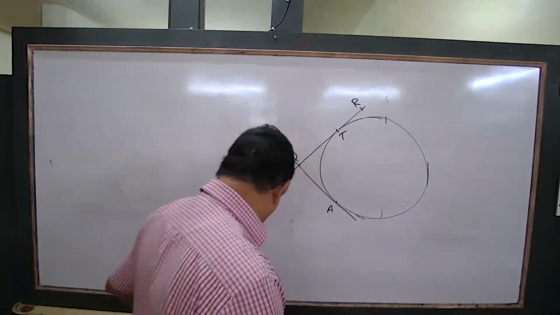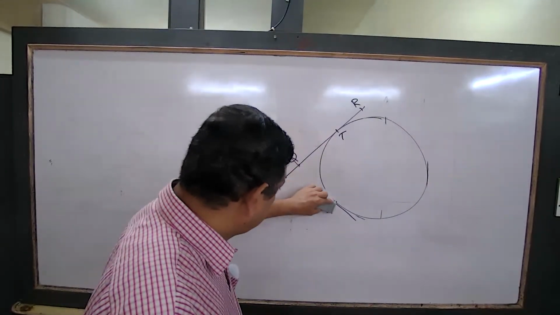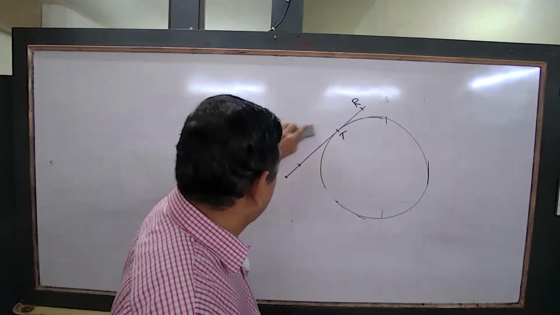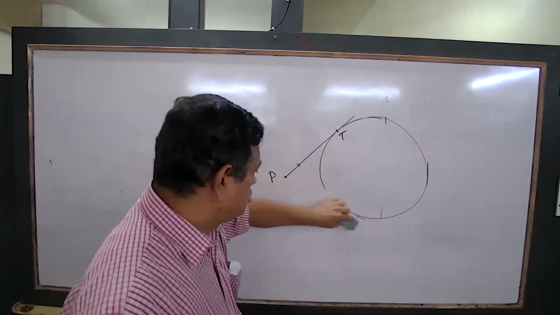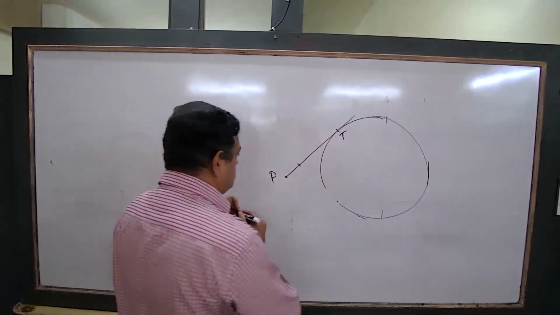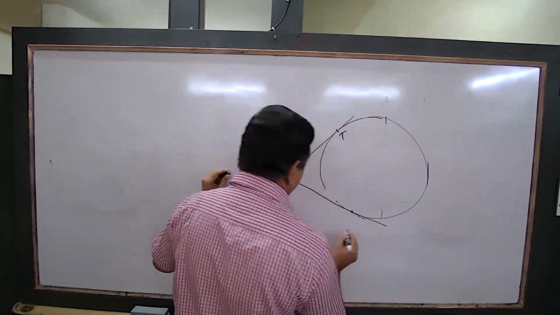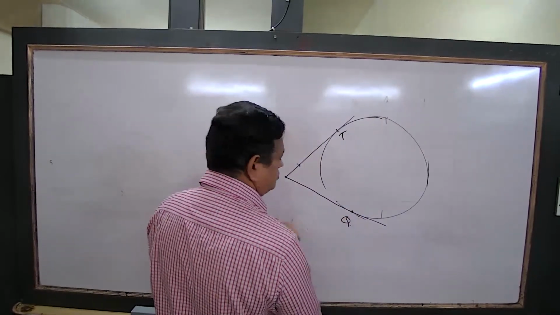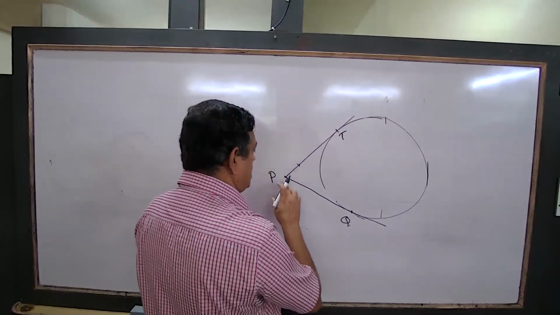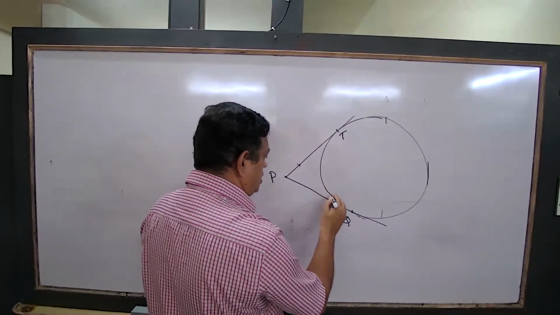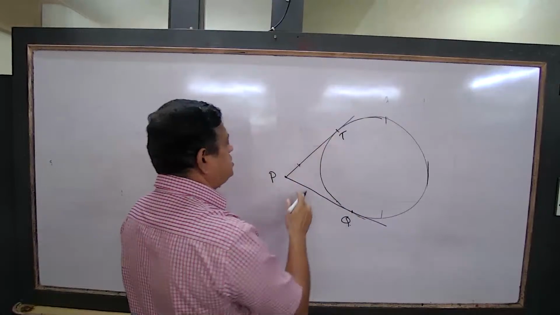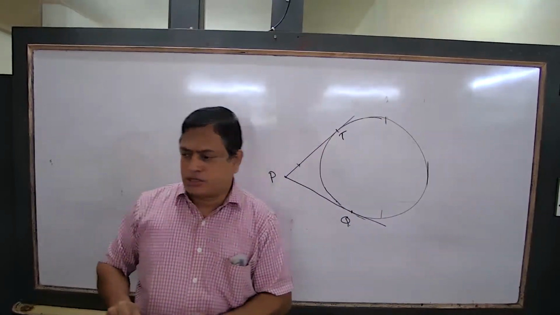For example, from the external point P, we can draw two tangents, one from here and one over here. What does the property say? Tangents drawn from the external point are equal in length. So that means PT is equal to PQ. That is your second theorem.